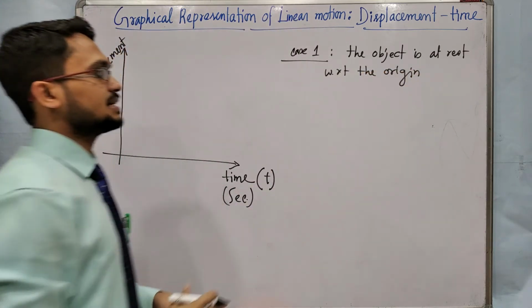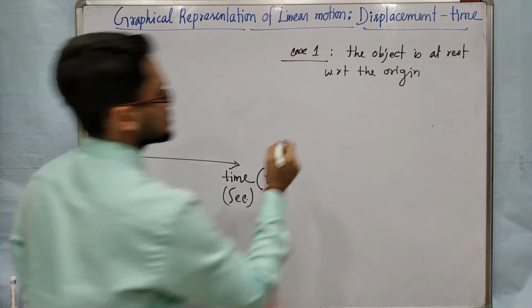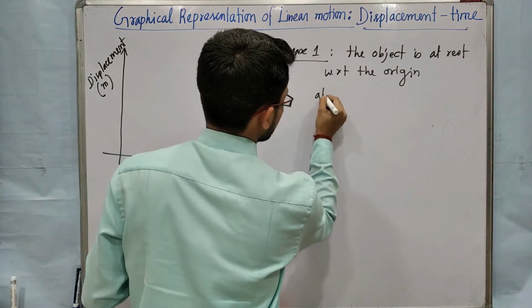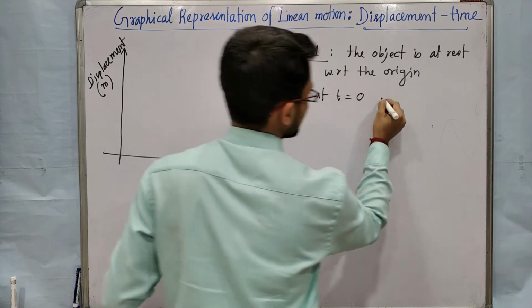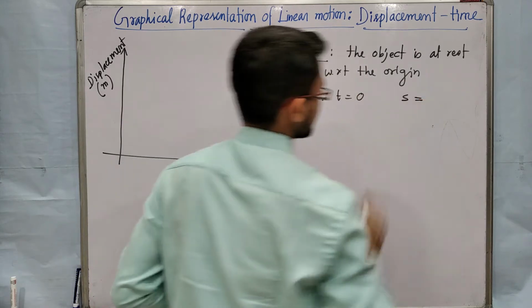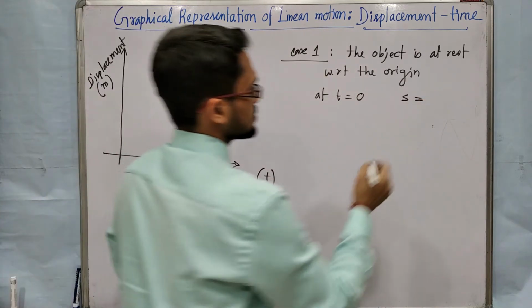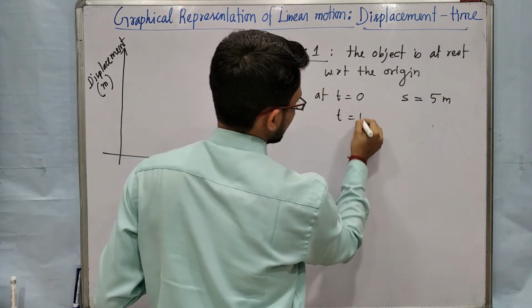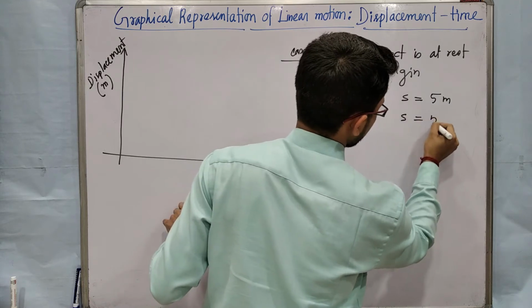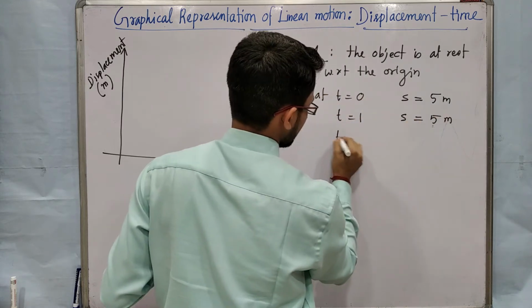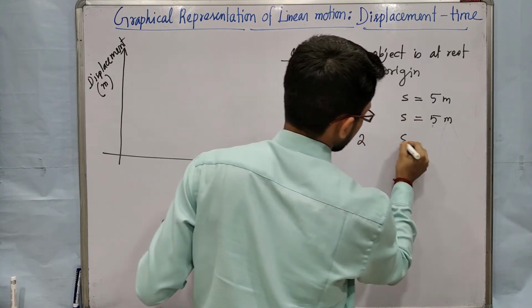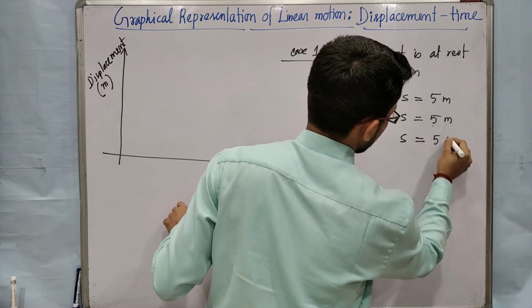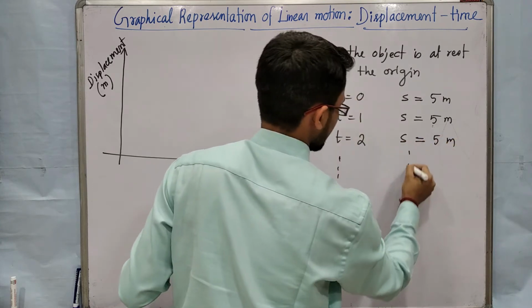Suppose at t equal to 0, displacement, take any value, suppose 5 meter. And at t equal to 1 second, displacement is still 5 meter because it is at rest. Time is going on, but the displacement is not changing, it stays 5 meters.